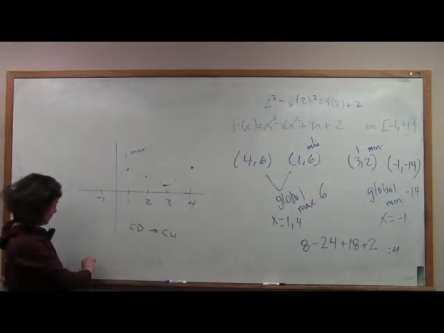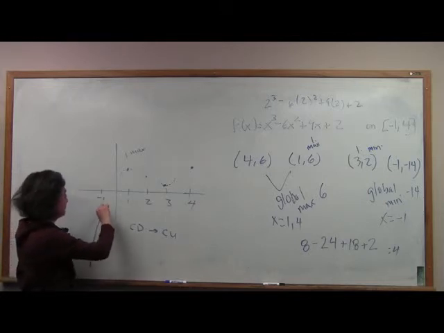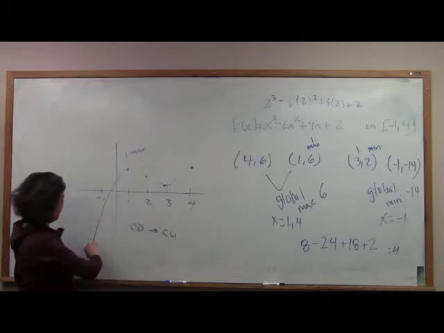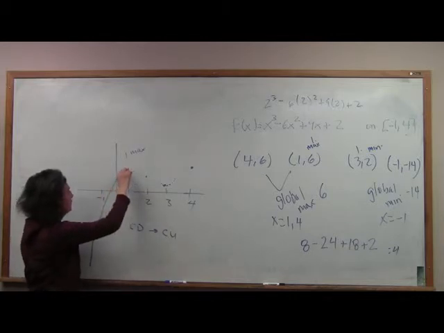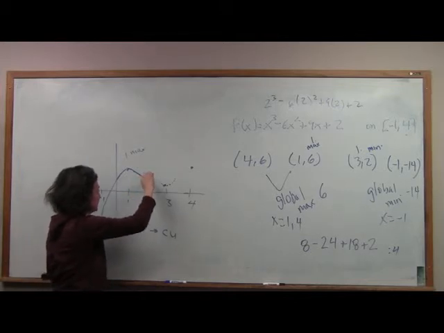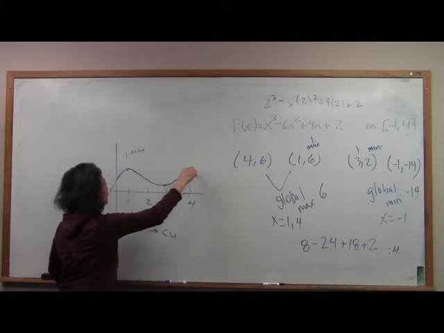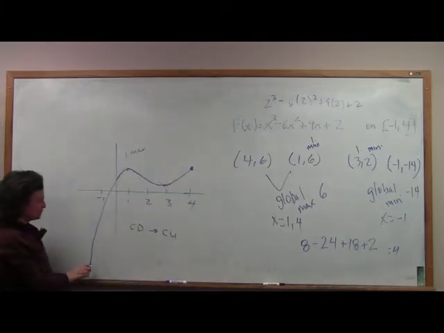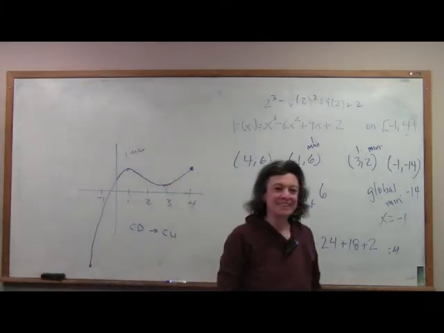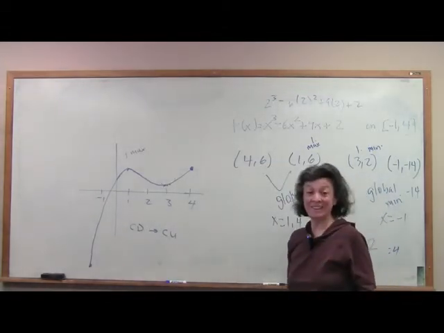Okay, my graph is concave up and it's increasing. Pretend this is concave down. Sorry about that. Still concave down, it's decreasing, still concave down, but now it changes concavity, and there we have it. Pretty sweet, huh?